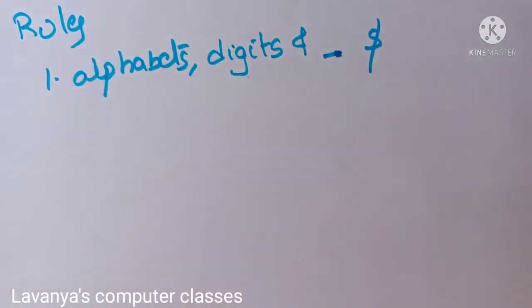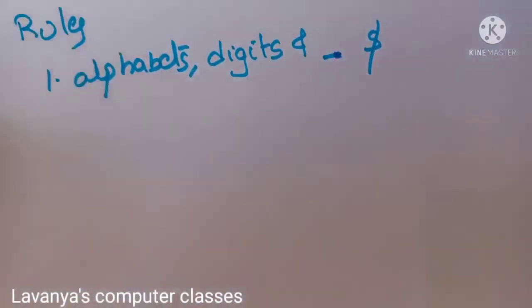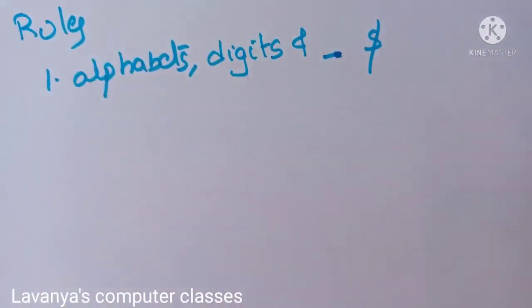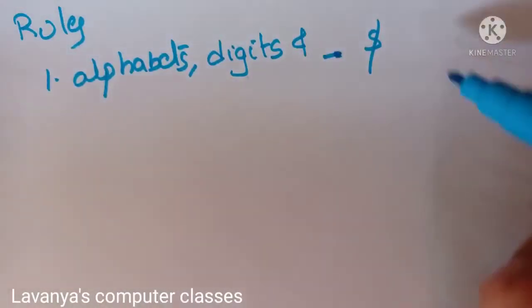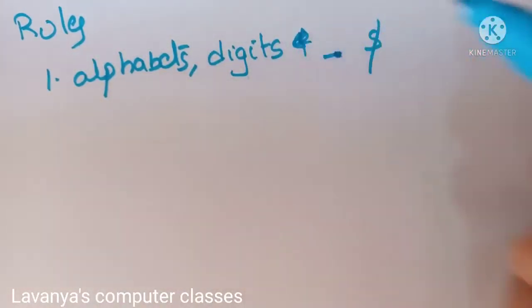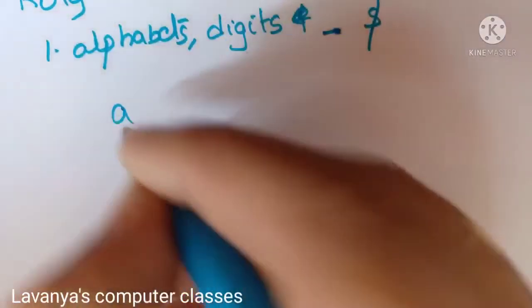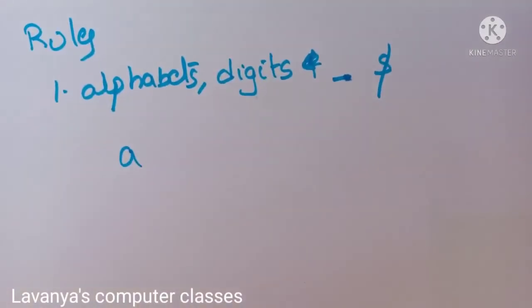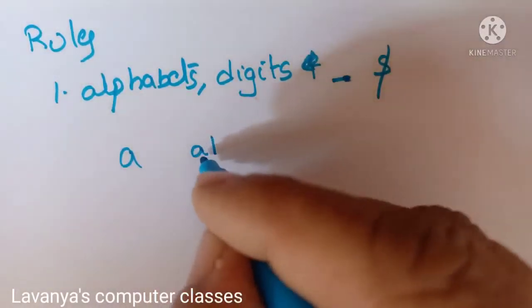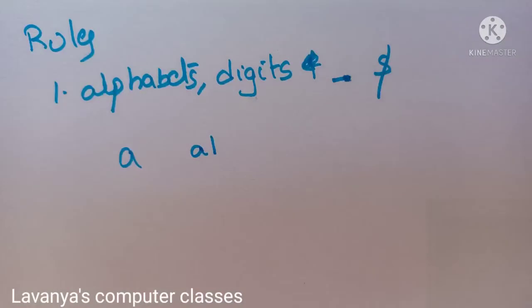It is a combination of any of these. These are used for giving names to identifiers. For example, A is an alphabet and it is an identifier. A1, a combination of a character and a number, is also an identifier.